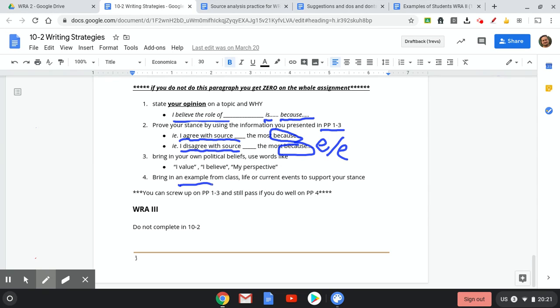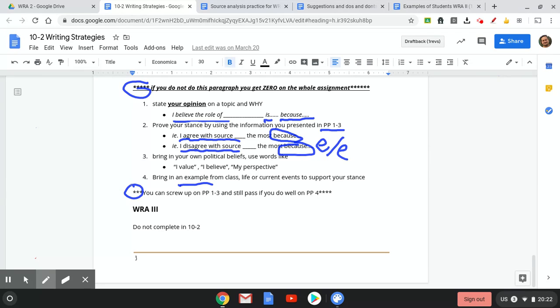One more time, I want to emphasize the 2 points with all the stars. So, if you do not do paragraph 4, the marker will not even mark your WRA.